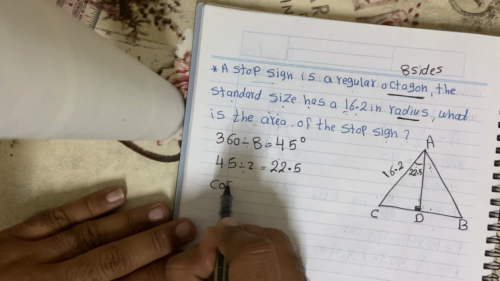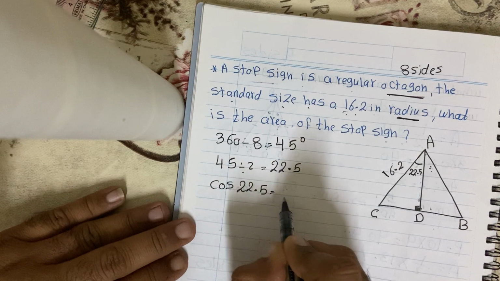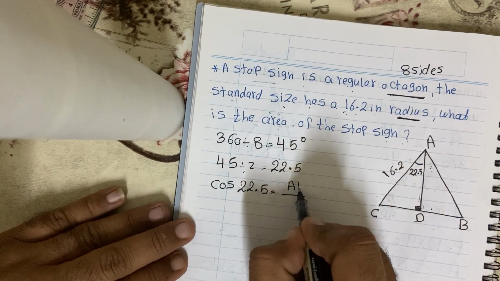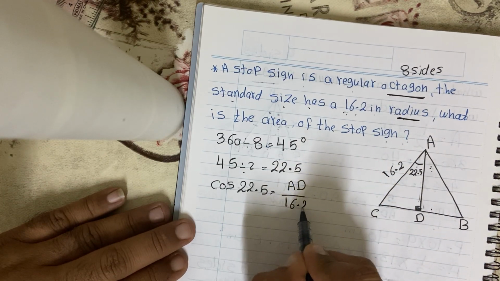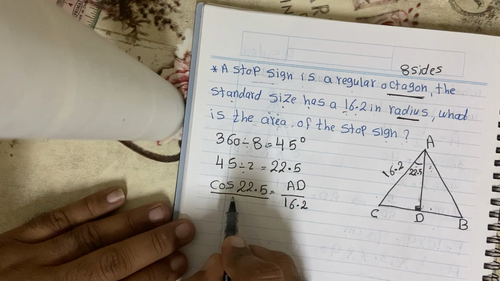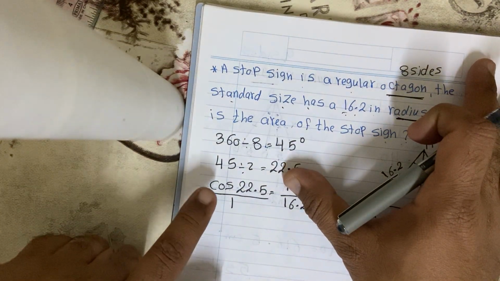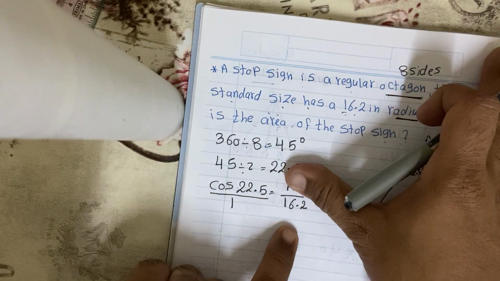So cosine 22.5 equals adjacent, which is AD, over hypotenuse, which is 16.2. To find AD, you multiply cosine 22.5 times 16.2.